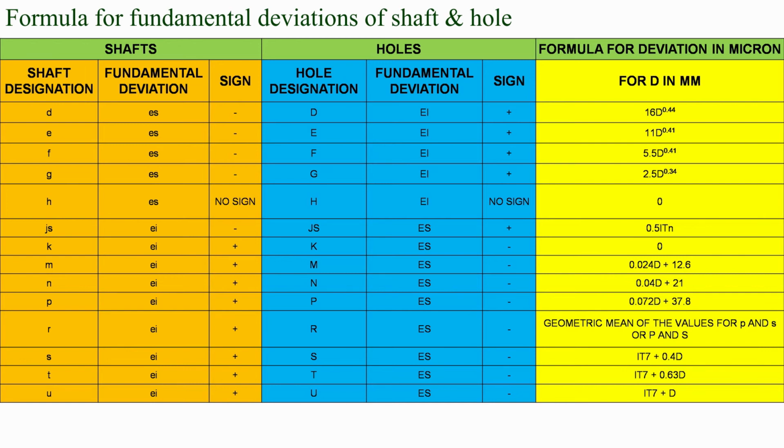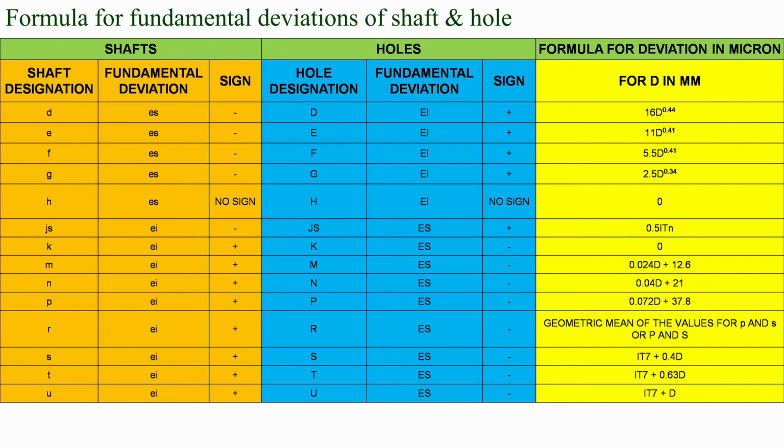Small n and capital N equals 0.04 d plus 21. Small p and capital P equals 0.072 d plus 37.8. Small s and capital S equals IT7 plus 0.4 d.